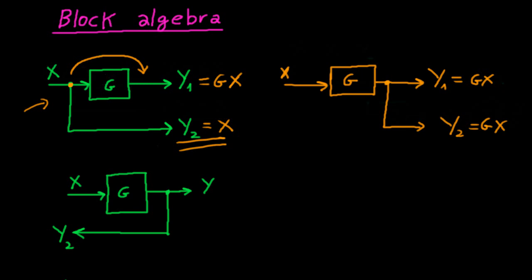So we need some space here, and we have to multiply this by 1 over g, so that y2 is equal to gx times 1 over g, and then they cancel out, and we have the equivalent system, or the system after the block operation.